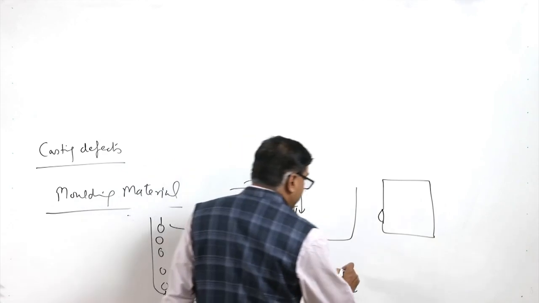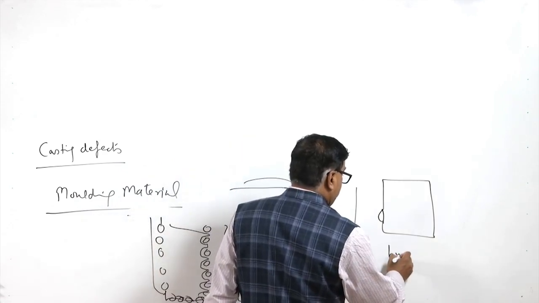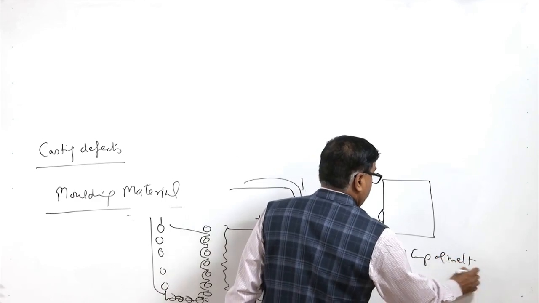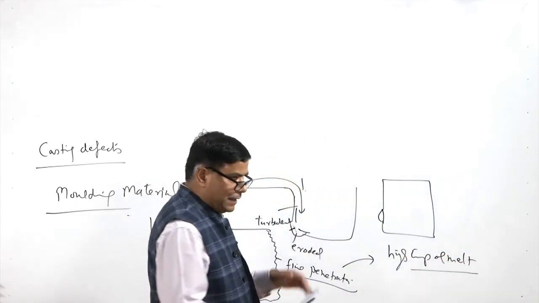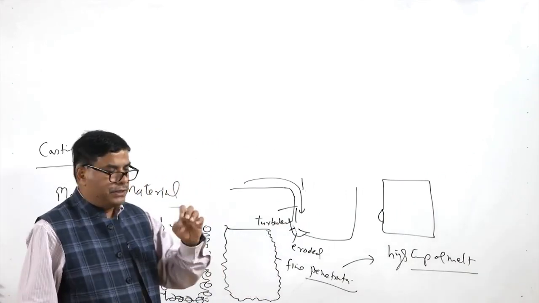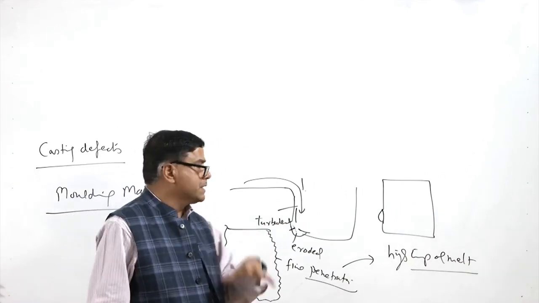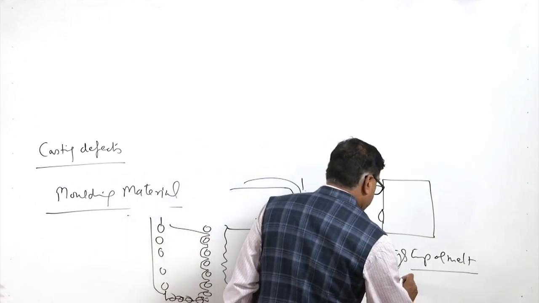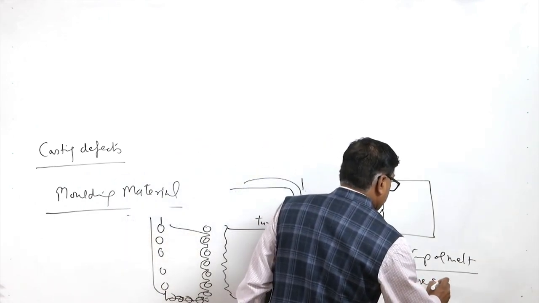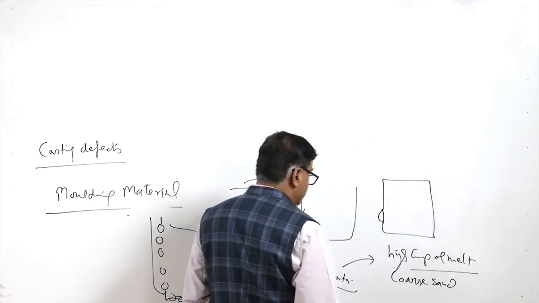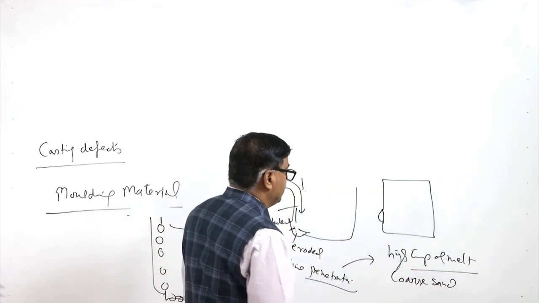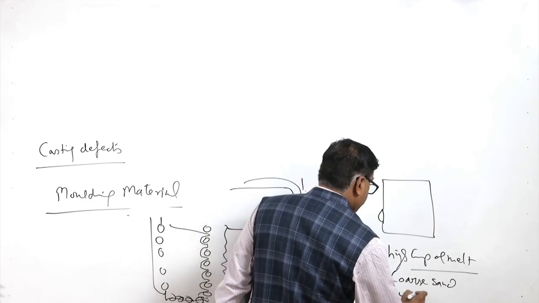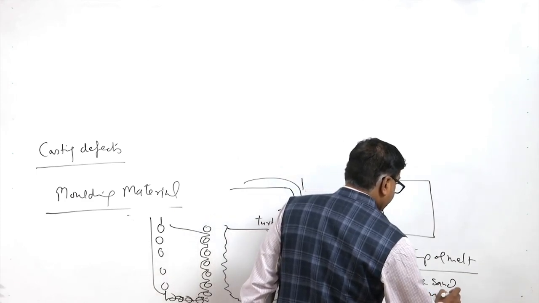So, there are main causes for this. One is a very high temperature of the molten metal. High temperature means increased fluidity, so the molten metal will enter the spaces easily and lead to penetration. Second is the use of coarse sand particles, providing enough space between the particles. And third is no use of the mold wash.